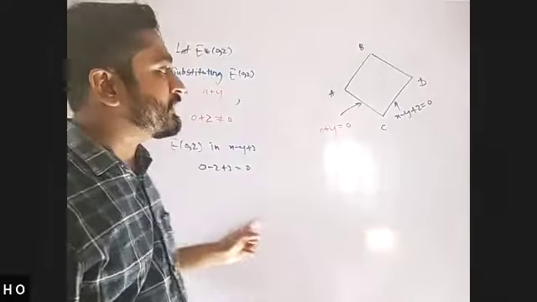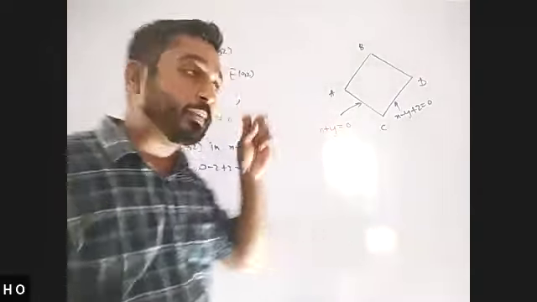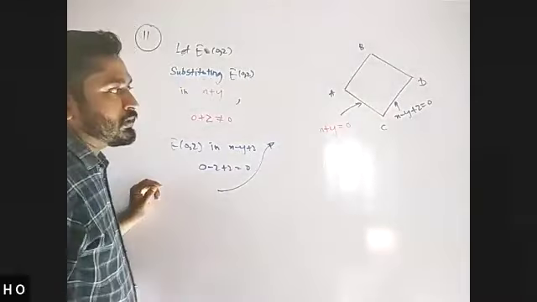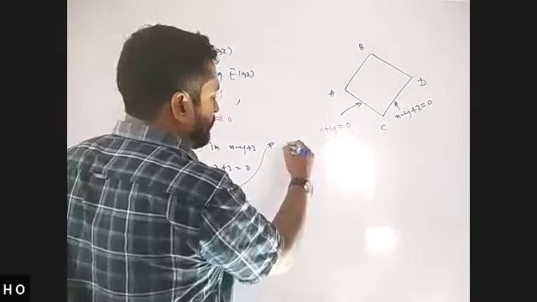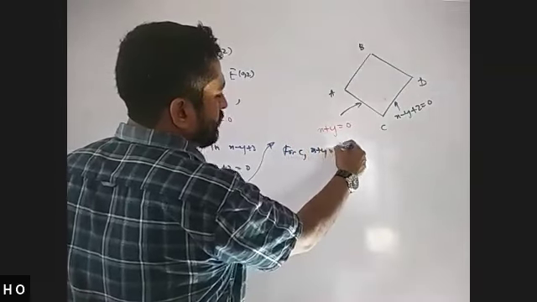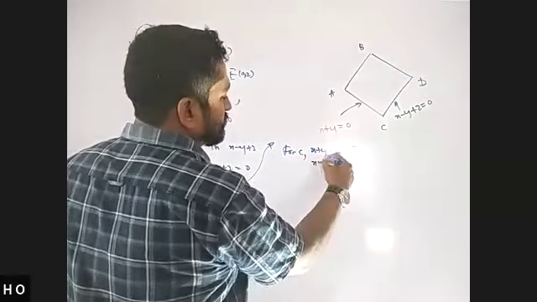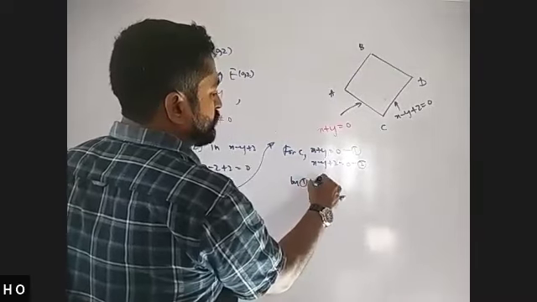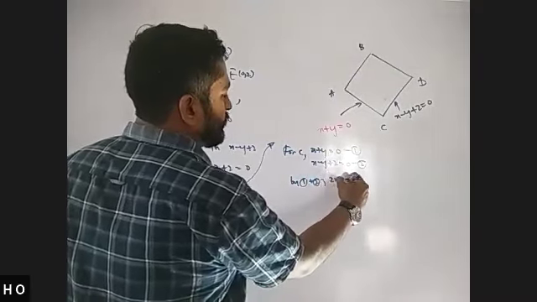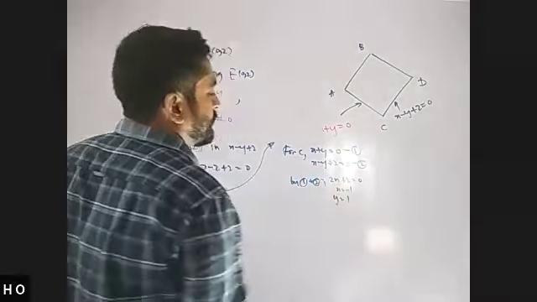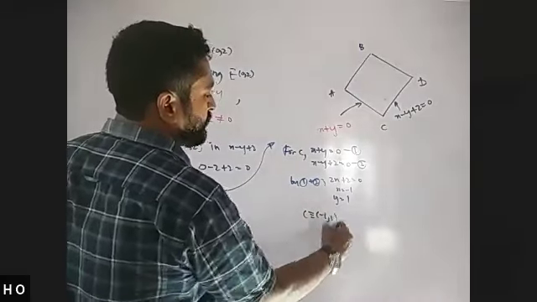Now, let us find the cutting point C again. For C, we are solving x plus y equals 0 and x minus y plus 2 equals 0. By adding, 2x plus 2 is 0, x is minus 1, so y is plus 1. C is (minus 1, 1).